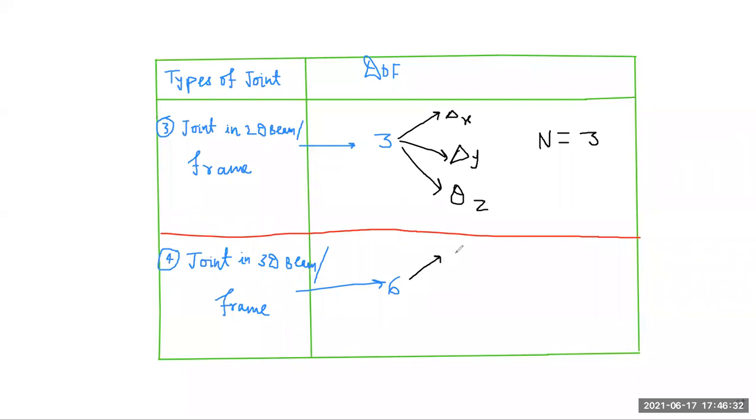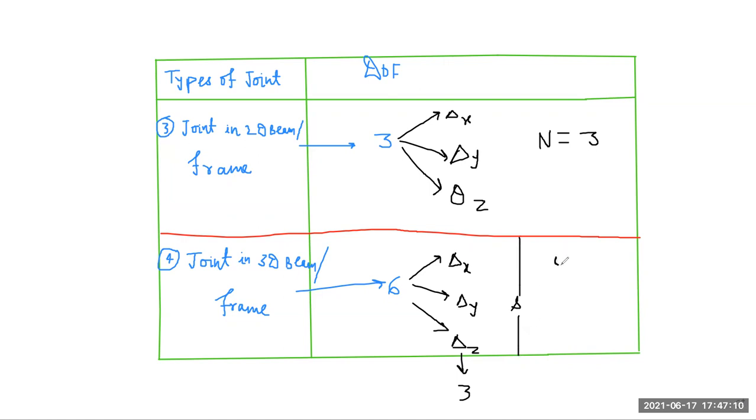One is delta x, next one is delta y, next one is delta z, and these are your three possible degrees of freedom. These are the three displacements, so basically three displacements of type deflection.